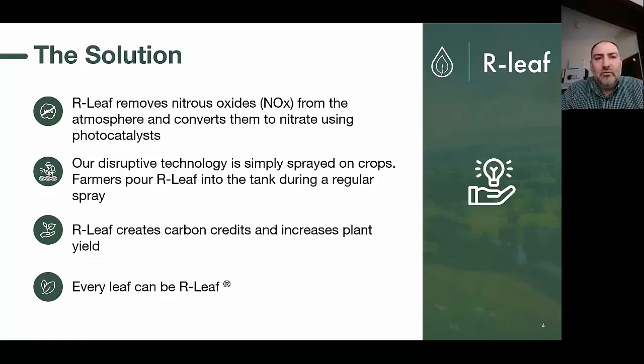Typically during the day, whilst we have the light, that photocatalyst is built up with nitrate. You've got to be careful not to think that this is masses of nitrate built on the foliage that can cause a problem. On an average day, we have something like 200 to 400 grams of nitrate produced per hectare, so it's quite a small amount.